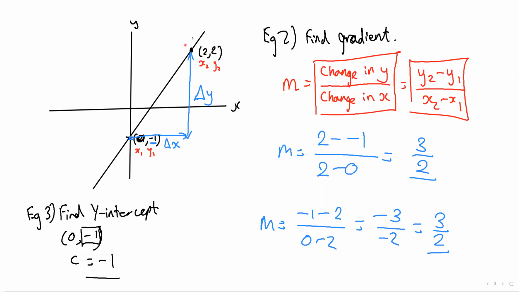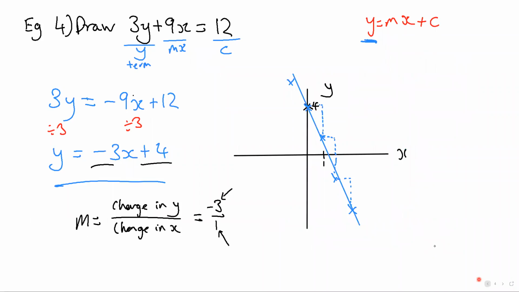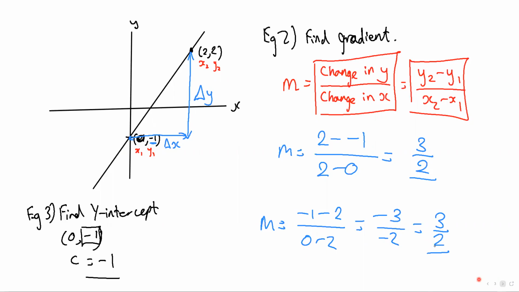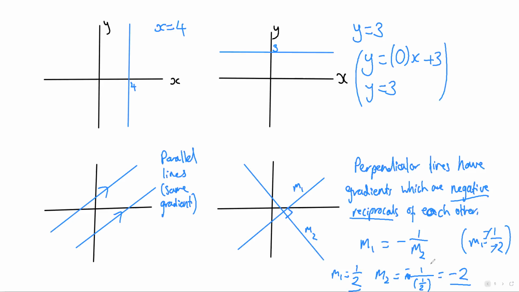So when you get 2 coordinates, you can find the gradient by looking at the change, and then find the y-intercept by looking at where it crosses. But another way you can find the equation of the line is when you're not given 2 points, and that's when you're only given 1 point.